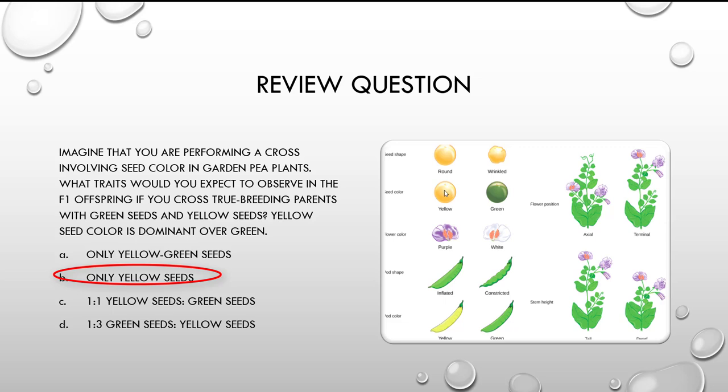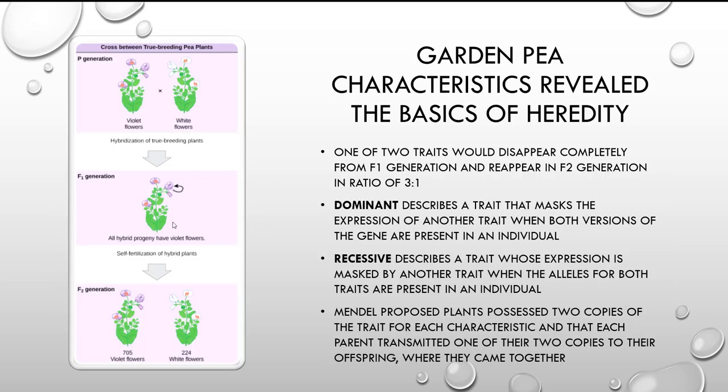And if we cross them, the F1 generation would only produce yellow seeds, because at that point they would have a dominant allele and a recessive allele, okay? And so the dominant would mask the expression of the recessive, and so they would only have yellow seeds in that F1 generation, just like this scenario.